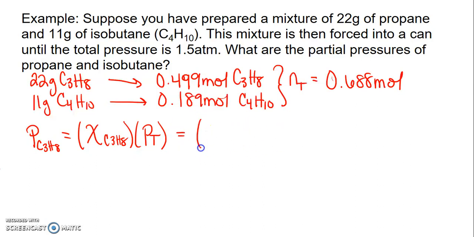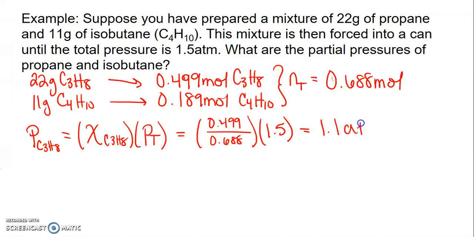My mole fraction is the moles of propane over the total moles, and I'm going to multiply it by the total pressure. If we do this calculation, you end up getting that the partial pressure of the propane is 1.1 atmospheres.